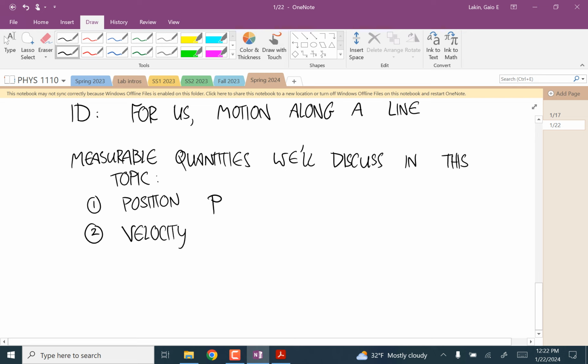Velocity, I'll denote that with a lowercase v. Acceleration, lowercase a. And the last one is time, and that'll be a lowercase t.